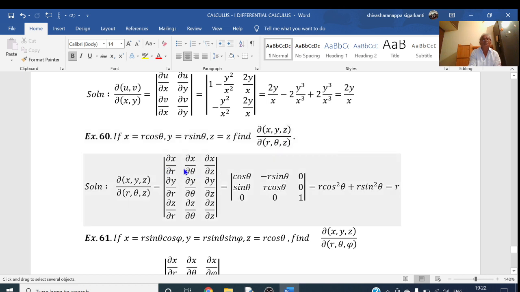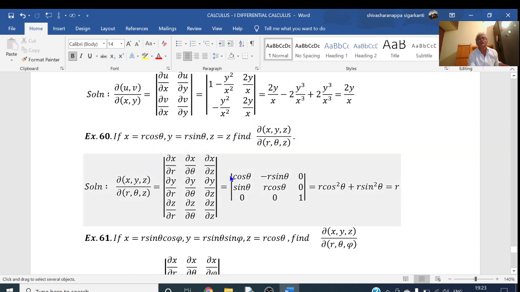That is ∂x/∂r, ∂x/∂θ, ∂x/∂z. Second row ∂y/∂r, ∂y/∂θ, ∂y/∂z. Third row derivatives of z, ∂z/∂r, ∂z/∂θ, ∂z/∂z. This is equal to, now we find the derivative here. ∂x/∂r, x equal to r cos theta. If I differentiate with respect to r, cos theta constant quantity, r derivative is 1.